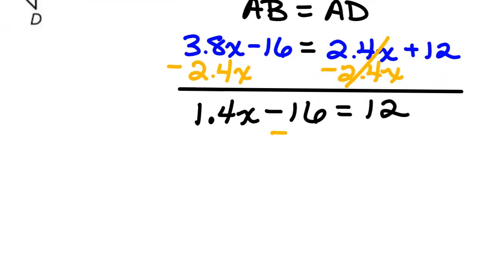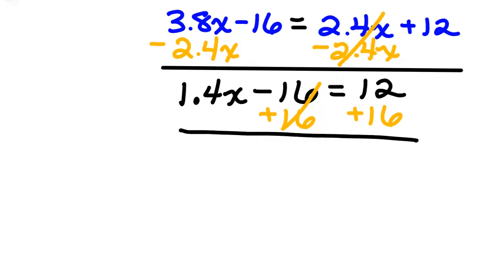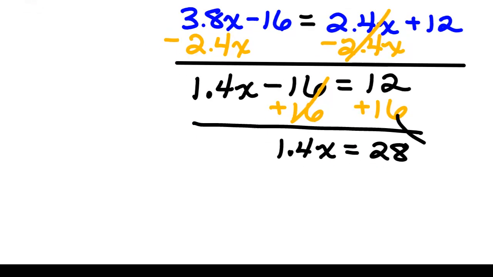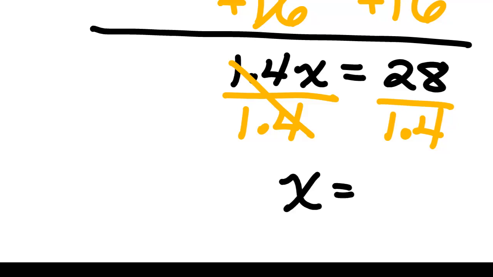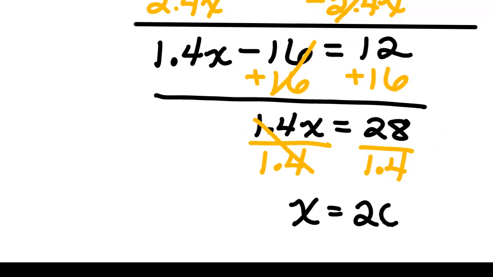Then I'm going to add 16 to both sides. 1.4x is equal to 28. And then I divide both sides by 1.4. And I get that x is how big? X is 20.